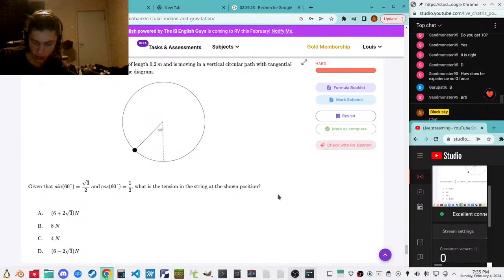Okay, at the instant, do you know R? Okay, 0.2. So v squared over r, basically 3 divided by 0.2, so that's 15. That's the centripetal thing. What do we want? The tension. We have the weight, so I need to resolve the weight.